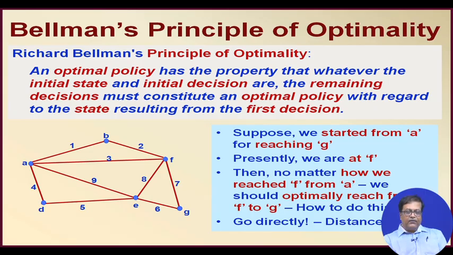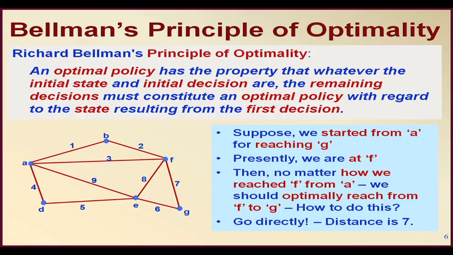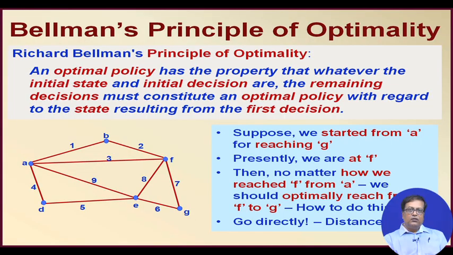Having reached F, irrespective of how we reached F, we now have to find an optimal path from F to G. F need not be within the optimal path, but assuming that it is, the question is, having reached F, what is the optimal way to reach G? It has to be found out. That is what Bellman's Principle says.